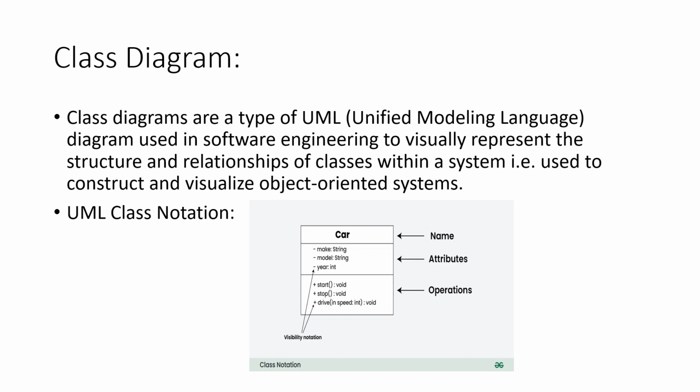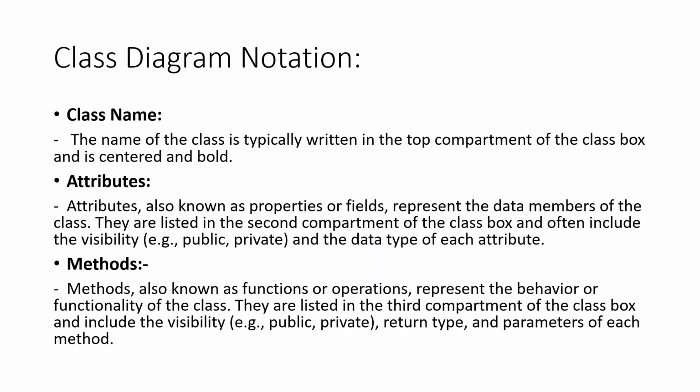There is a specific name for every class, called the class name. The second one is attributes. Attributes are the properties, or something that describes the information about the class.